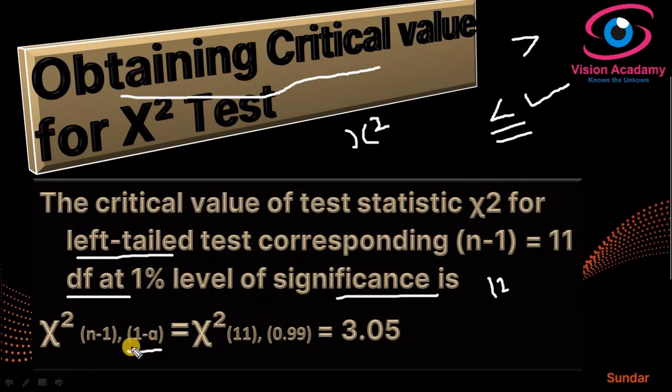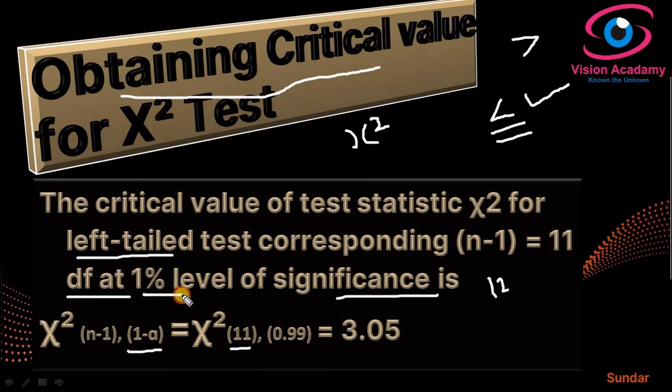So when I subtract alpha from 1, I will get the left tailed critical values. That is why I am going to subtract 1 minus alpha. So it would be x square, n minus 1 would be 11, and 1 minus alpha.